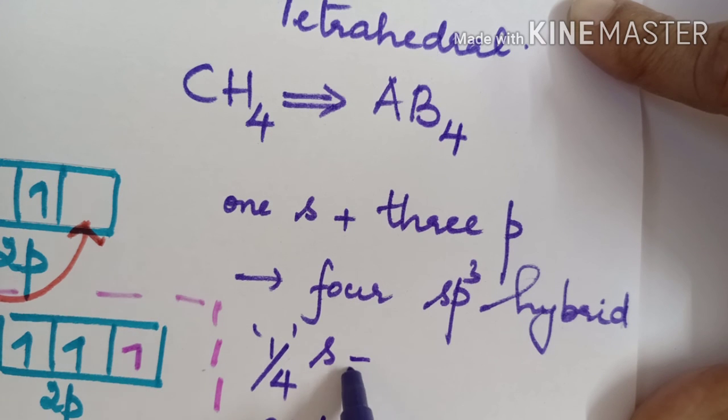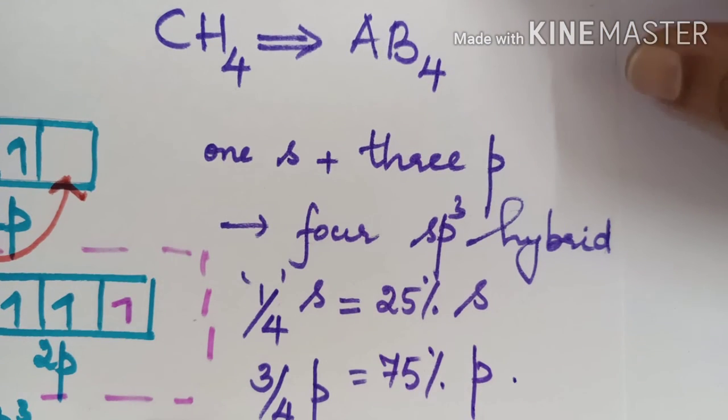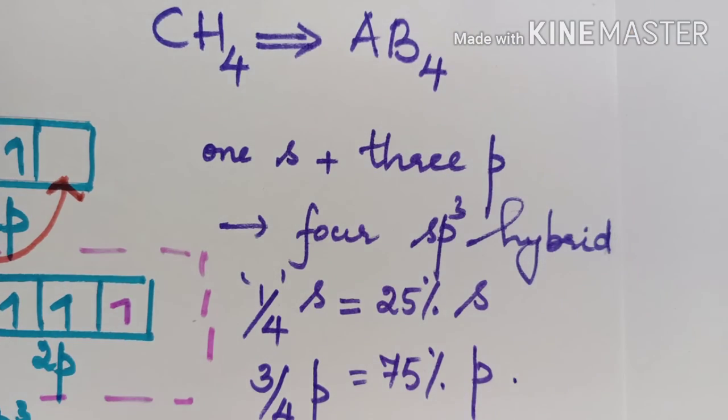On converting into percentage, you find that it will be 25% s character and 75% p character. So then it will have more of dumbbell shape, and that is found to be true in the case of sp3 hybrid orbitals.